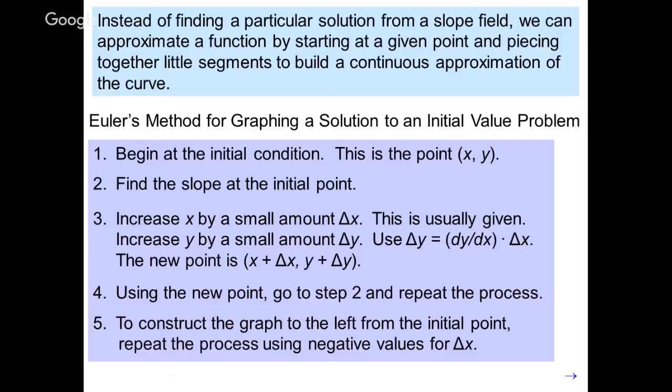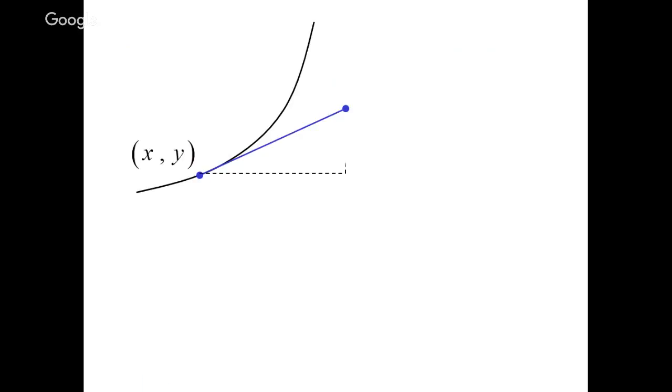Okay, so let's go through the process. There's my curve. That's my tangent, the point of tangency, right? And then I go over a little bit of delta x, and I use the slope to go up a dy.